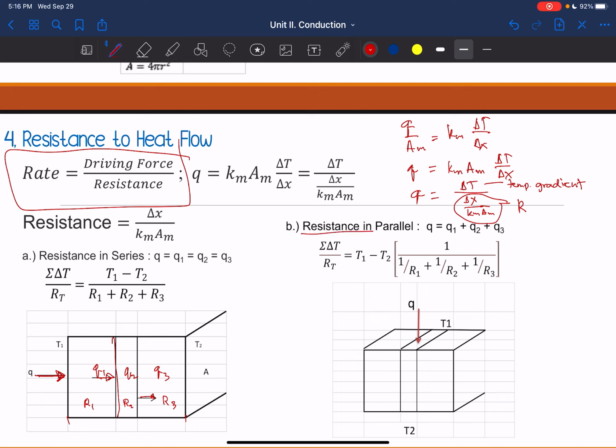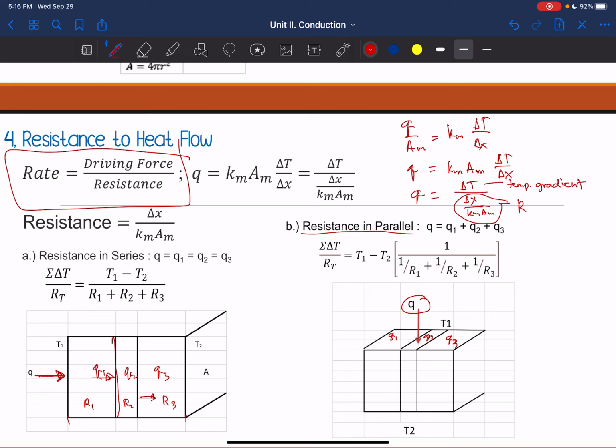which is different when you have resistance in parallel. So if you have a resistance in parallel, your Q is equal to Q1 plus Q2 plus Q3. So if this is your overall Q, this Q would be equivalent to the one that flows in slab 1, slab 2, and slab 3.